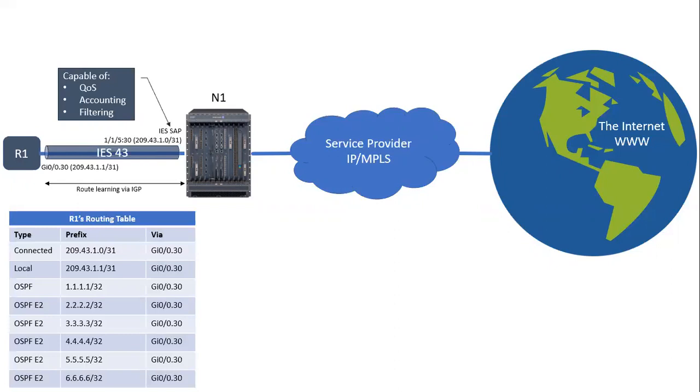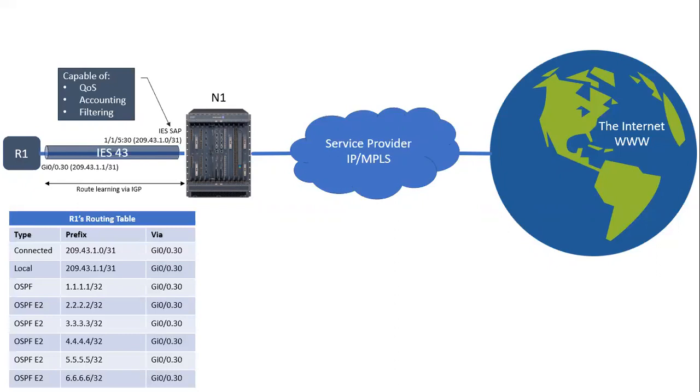That way they can provide blanket QoS, blanket accounting, blanket filtering for their subscribers. But you can also deploy an IES in this fashion as well, which is just giving a particular subscriber access to the service provider's core routing.